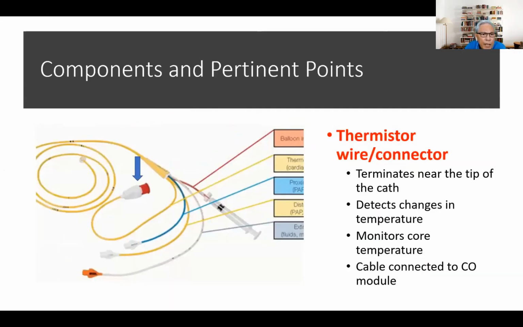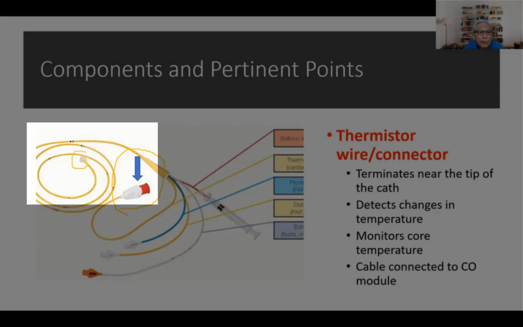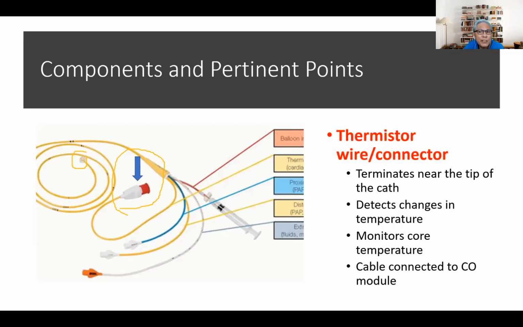The next anatomy of this one is the thermistor or the wire connector. It's this thing that's red. It's pointing right over here. The temperature thermistor is located proximal to the balloon, very close to the balloon, right over in this area. It is to measure pulmonary artery blood temperature.